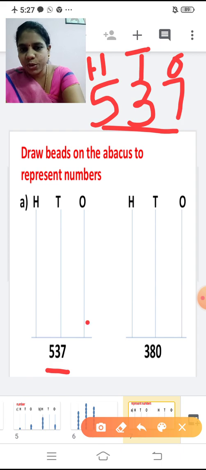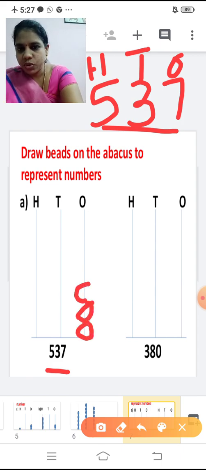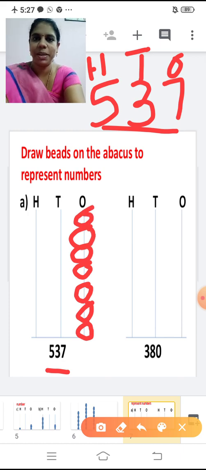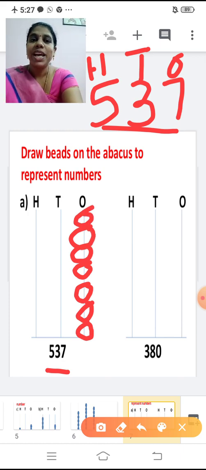Yes. So 1, 2, 3, 4, 5, 6, 7. How many beads? 7 beads. Now, what number is there in the tens place? 3.